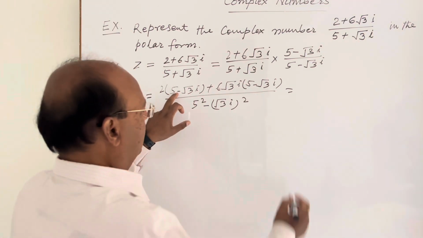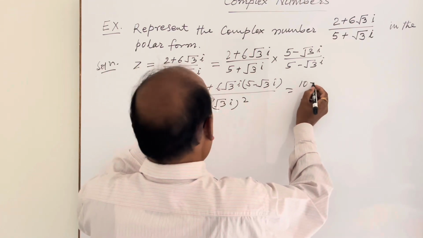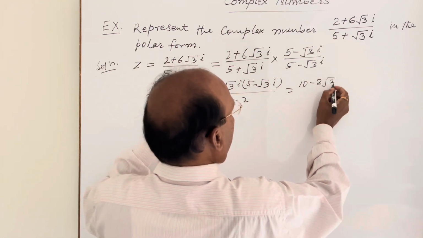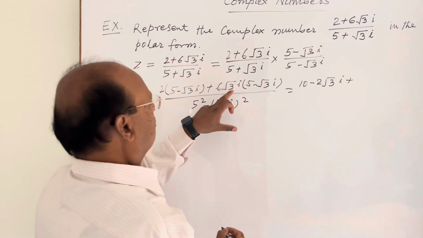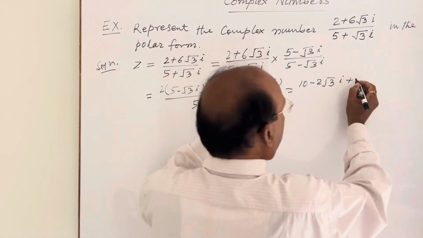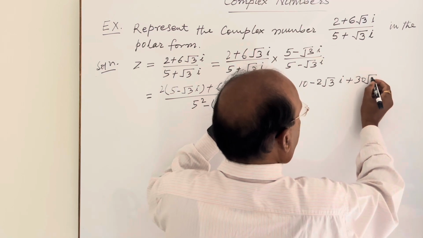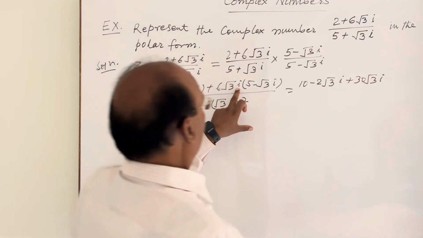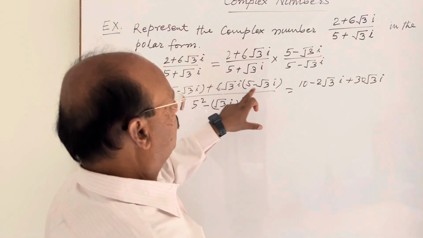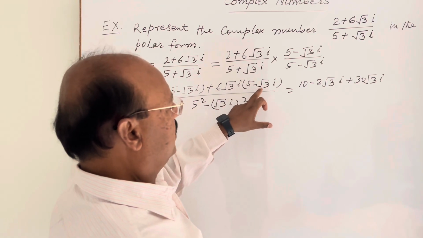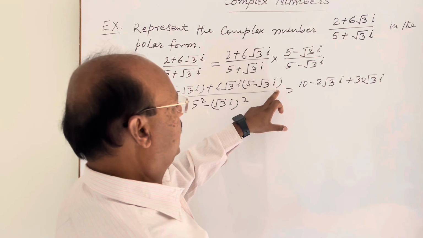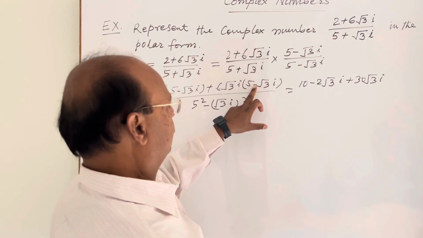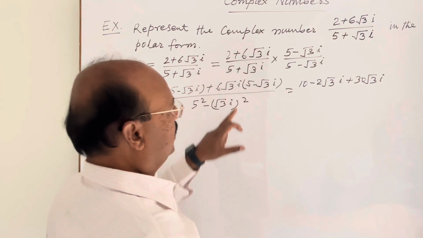And this is equal to, we have 2 into (5 − √3i), so this is 10 minus 2√3i, plus 30√3i, and 6√3i into minus √3i. i square is minus 1, so this minus becomes plus, and 6 into 3 is 18.